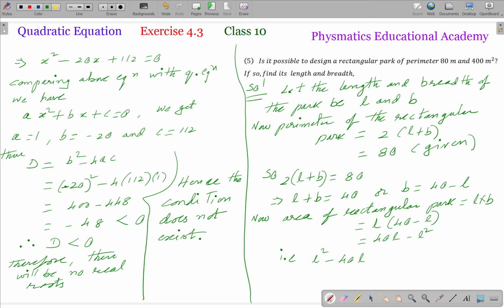So L square minus 40L is equal to 400 (plus 400 equals 0 on rearranging). This is given.